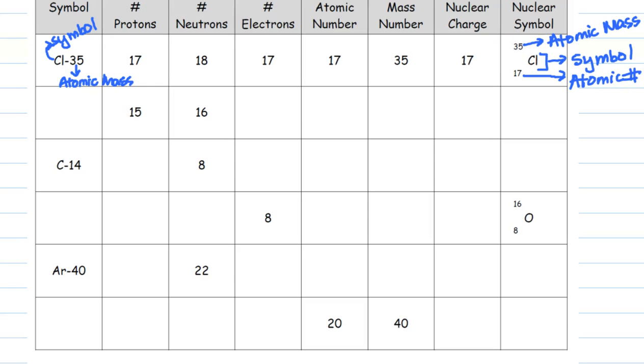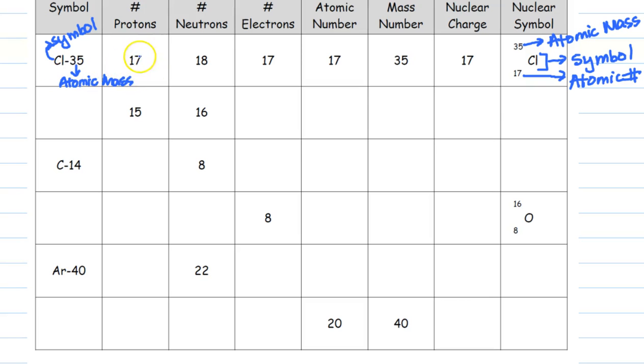And remember, you can always get the atomic mass and the atomic number from a periodic table. If they give you enough information to calculate it, then use that information to calculate it and not the information from the periodic table. So, for instance, in this atom, chlorine 35.